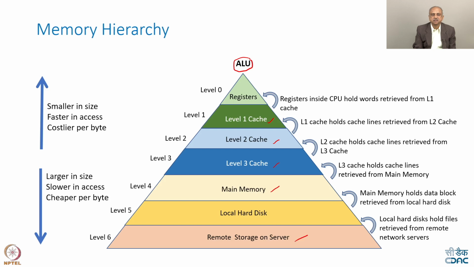As you can see in this diagram, as you go closer to the ALU, the size of the memory becomes smaller, but the access time becomes faster and the per byte cost also increases. Reverse is true as you go away.